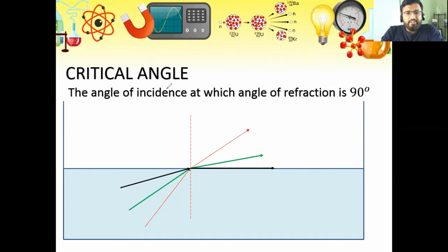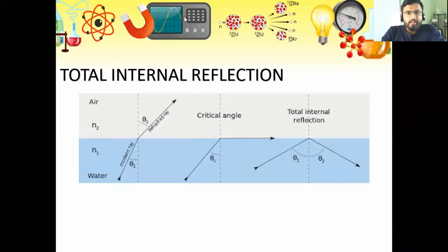Now, why is this critical angle so important for us? Let us look into it in a bit more detail. This same concept is being shown in different figures over here. As you can see, if we increase the angle of incidence, the angle of refraction changes and it becomes 90.